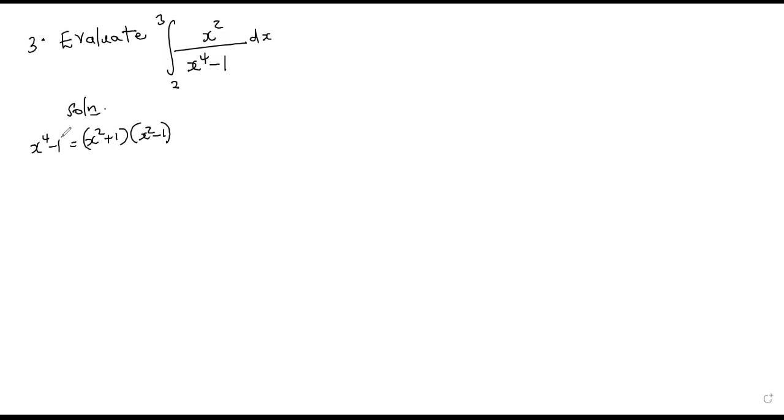If you expand this, you should get this. This one is not factorizable, so you leave it like that. Then x squared minus 1 is the difference of two squares, so it is x plus 1 times x minus 1. So we are going to substitute here with this.